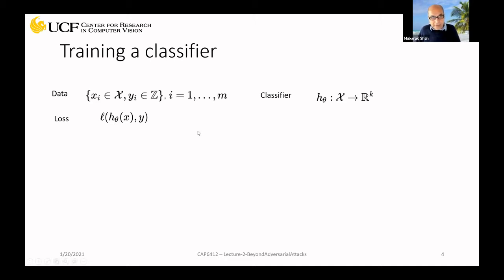We want to compare the prediction with the ground truth, and that comparison is a loss. We want to learn theta such that this loss is minimized.